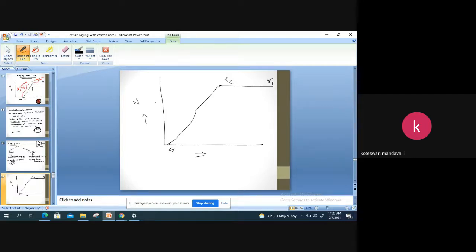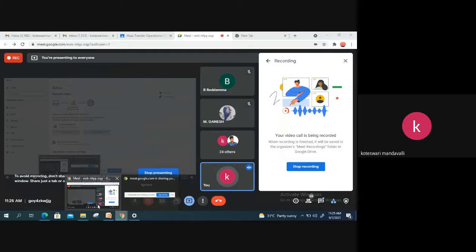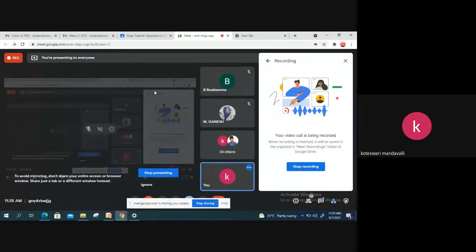So I will redraw this curve again, or otherwise I can say I will try to find some already drawn curve if possible.